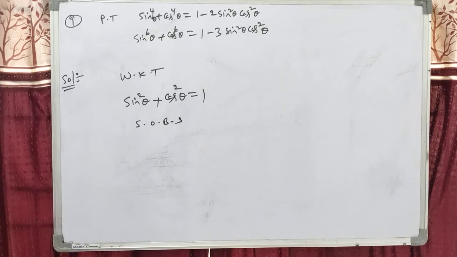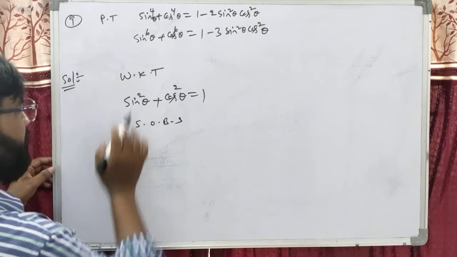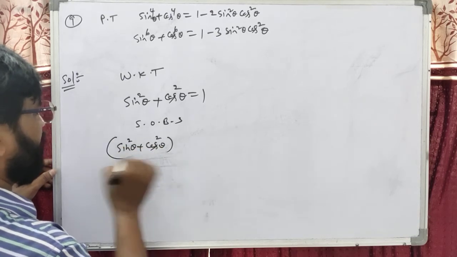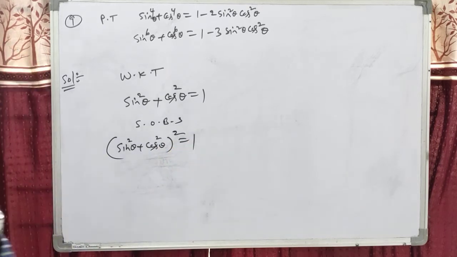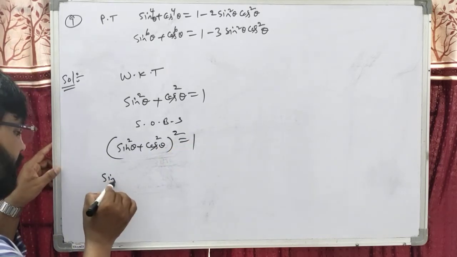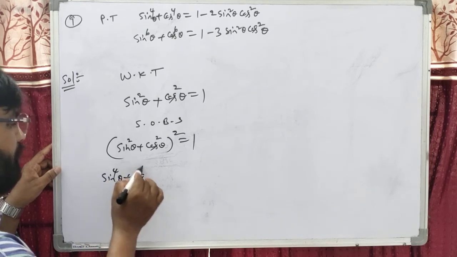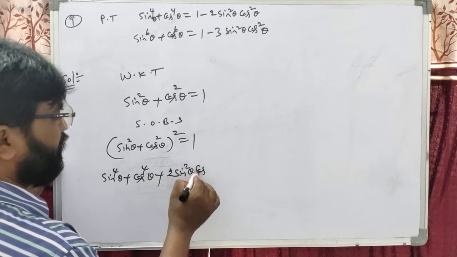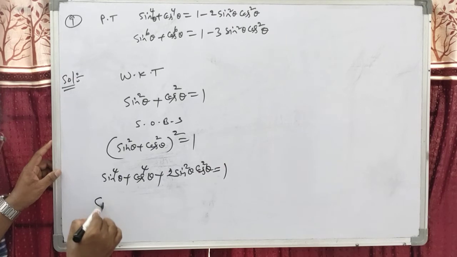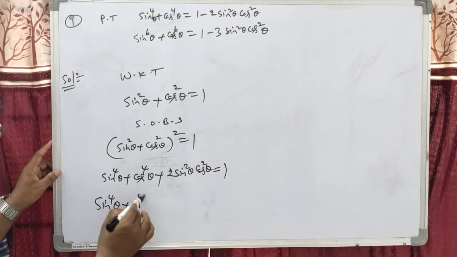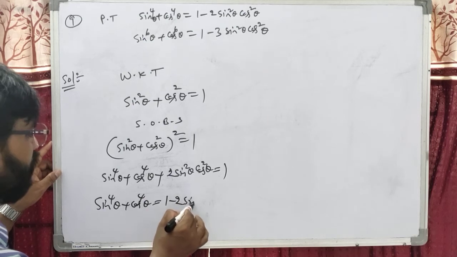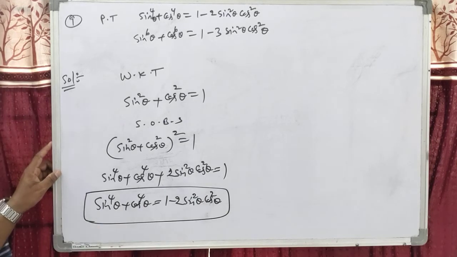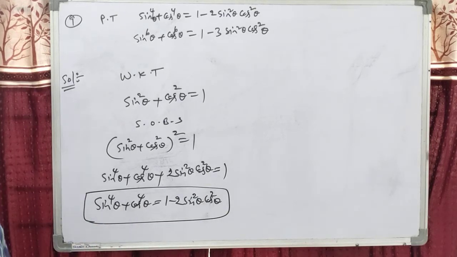Squaring on both sides, sin square theta plus cos square theta whole square, 1 square is 1. This is a square plus b square, sin power 4 theta plus cos power 4 theta, plus 2ab, which is 2 sin square theta cos square theta, equal to 1. Therefore sin power 4 theta plus cos power 4 theta is 1 minus 2 sin square theta into cos square theta. This is the formula of sin power 4 theta plus cos power 4 theta.